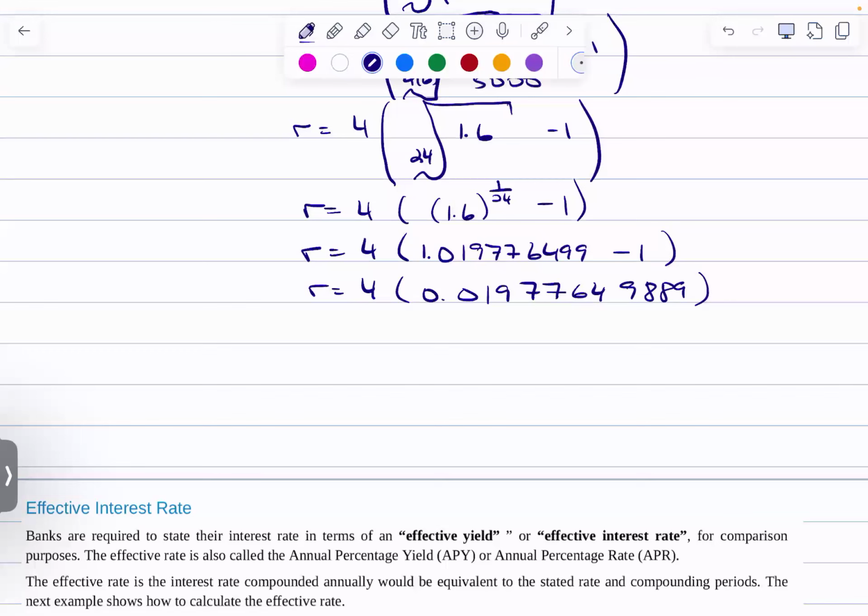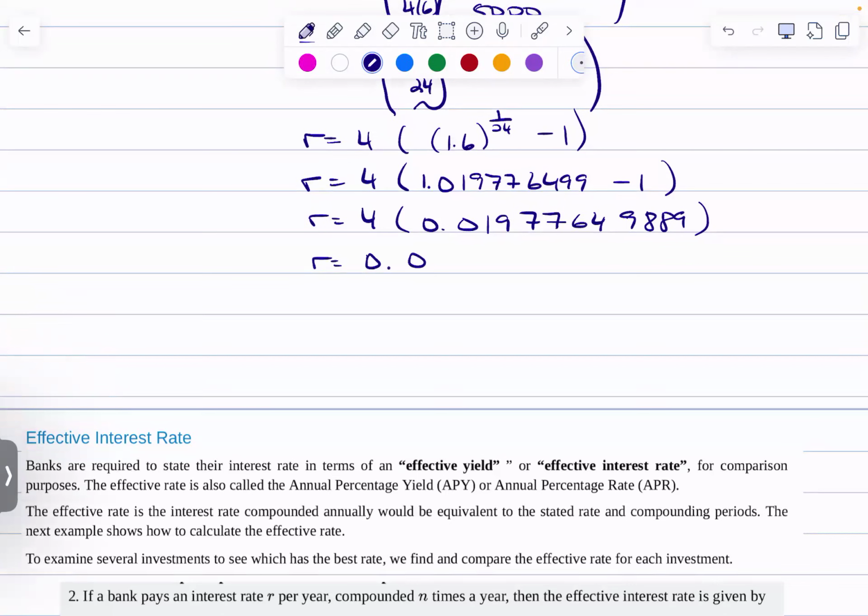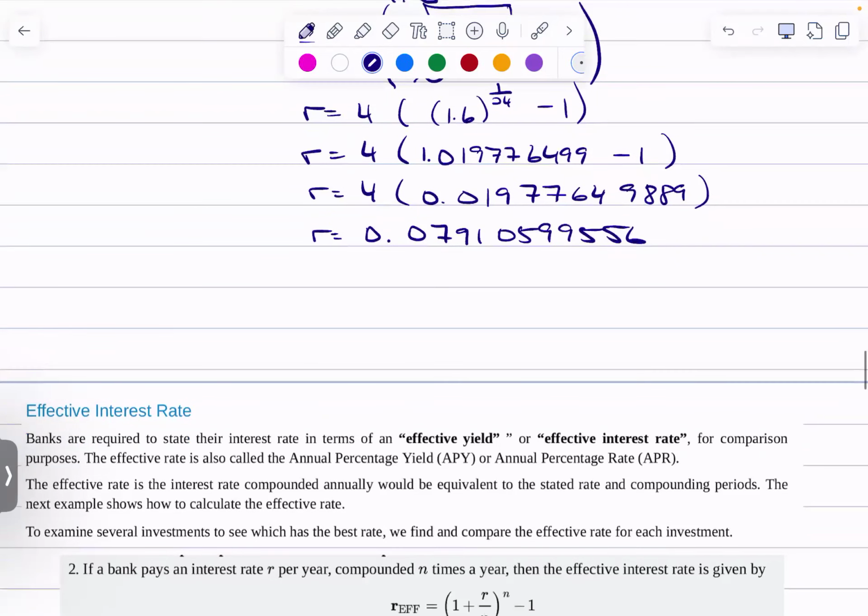And then finally times 4, I would need an R of 0.079105995556. Need a rate of approximately 7.91%.